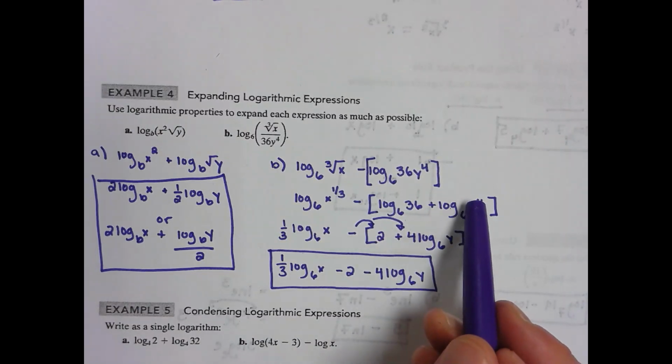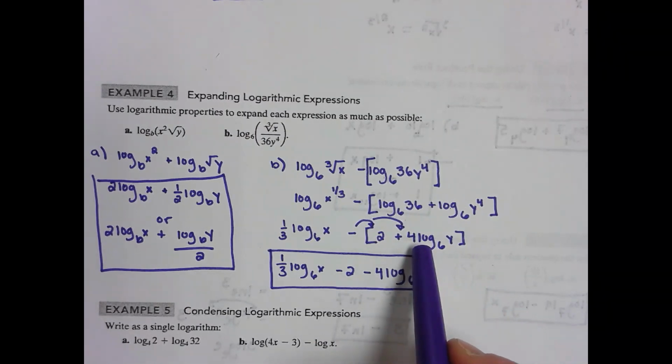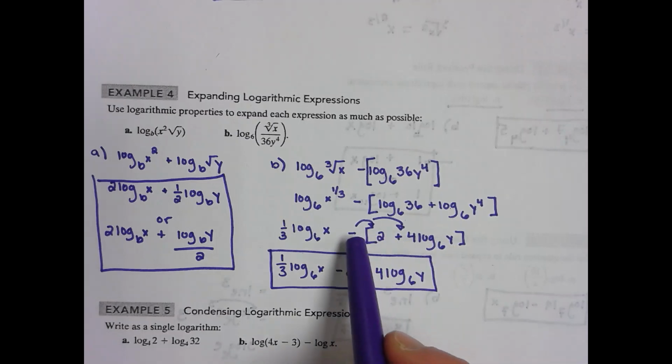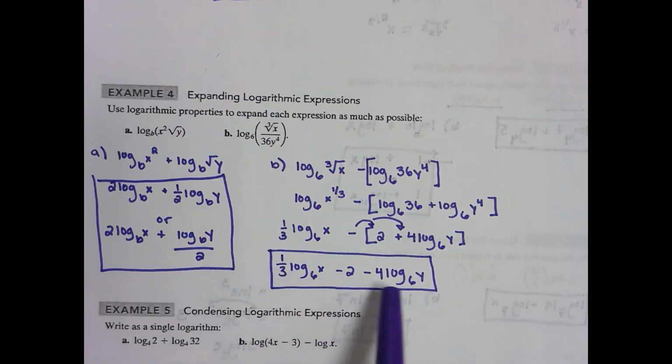And then the exponent of 4 becomes the coefficient. And since I'm subtracting both of those terms and they are in parentheses, I'm essentially needing to distribute this negative, which brings us to our final expanded log, which is 1/3 log base 6 of x minus 2 minus 4 log base 6 of y.